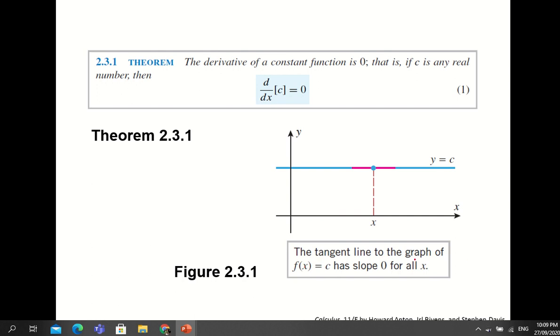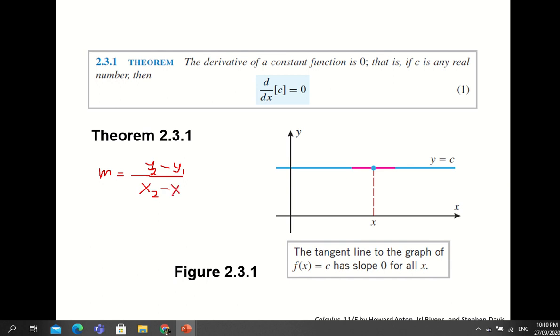So the tangent line to the graph of f of x equal to c. This is the explanation, class. The tangent line to the graph of f of x equal to c has slope equal to 0 for all x. If you can still remember from our analytic geometry, our slope is defined as y2 minus y1, y sub 2 minus y sub 1, divided by x sub 2 minus x sub 1.